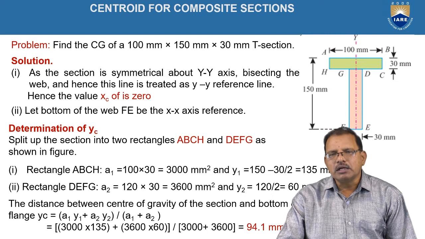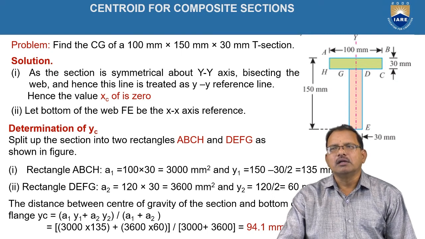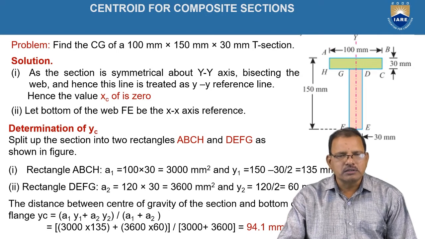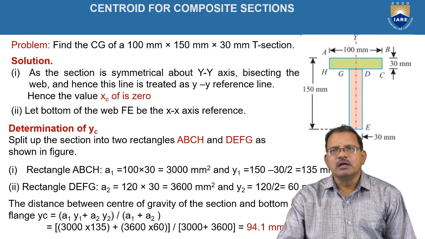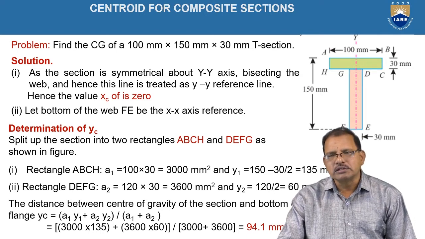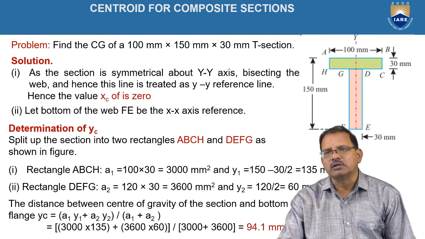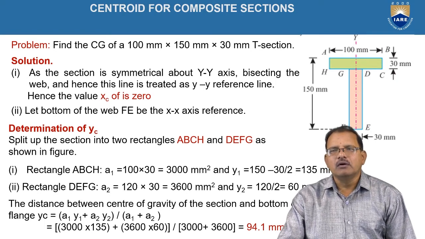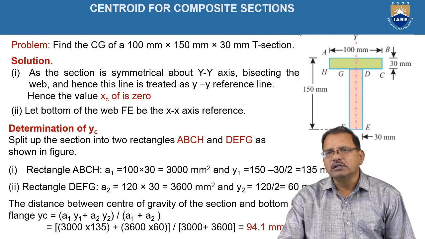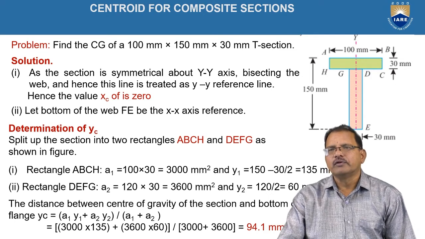Since it is symmetrical about the vertical line, the center of gravity or the centroid always lies on the symmetrical line. Hence, here the vertical line is treated as the y-axis, so the x coordinate is equal to 0. Now, we only have to find the y coordinate, that is the height.